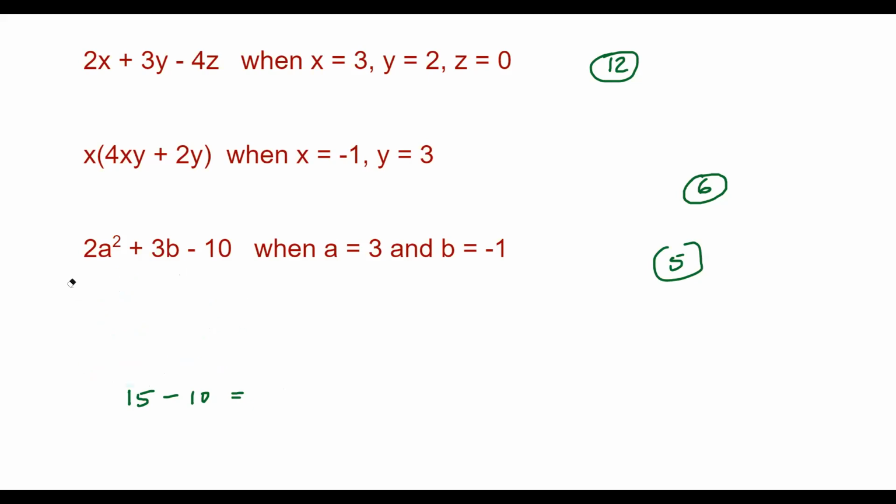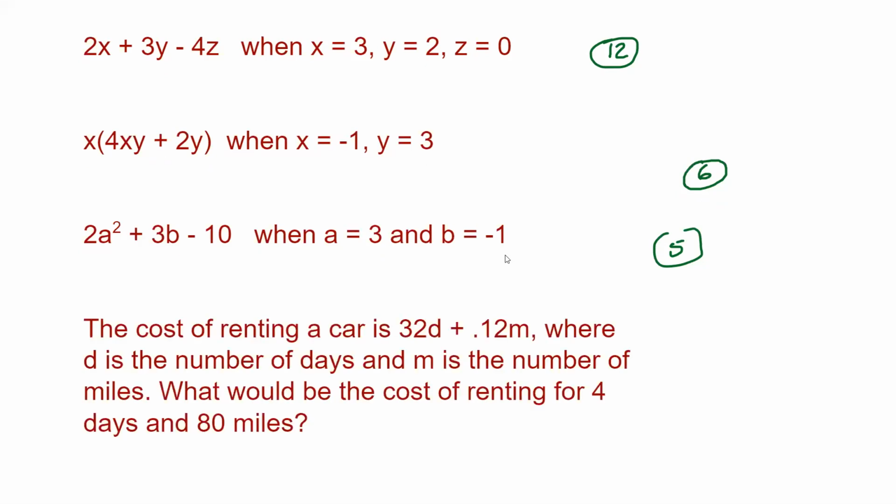So the last question that I have here is more of a word problem, because sometimes these problems will be presented like this. The cost of renting a car is 32 times D plus 0.12 times M, where D is the number of days and M is the number of miles. What would be the cost of renting for 4 days and 80 miles?